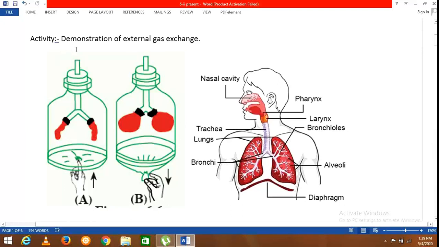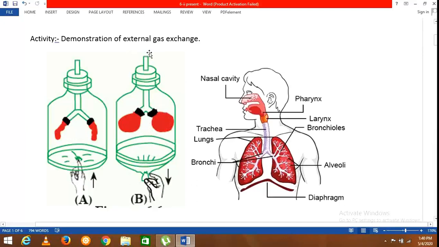Once we breathe in, the volume of the thoracic cavity should be increased. For that, we can pull the rubber membrane or polythene sheet downwards. As a result, the volume of this thoracic cavity, or the volume inside the bell jar, is increased.